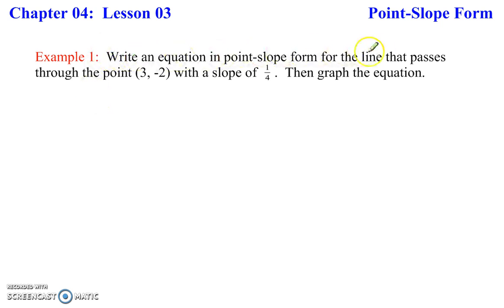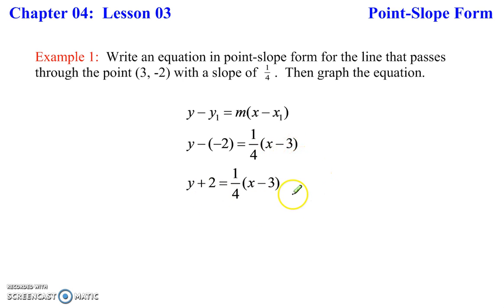So, if I want to write an equation in point-slope form for a line that passes through the point 3, negative 2, with a slope of 1/4, then graph the equation. Okay, we're going to plug this in. We have negative 2 for y, 1/4 for the slope m, and 3 for x. So here's my equation in point-slope form.